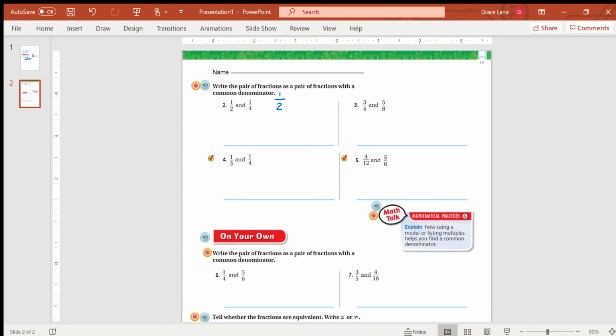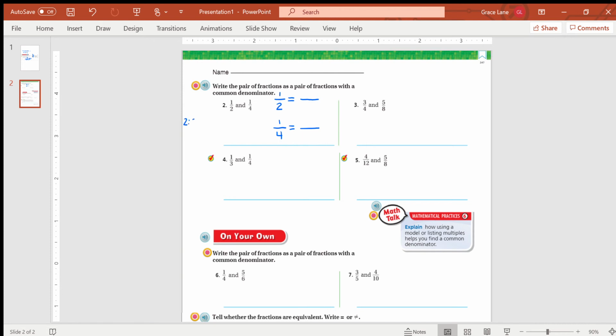If you don't have enough room in your book, you might grab a piece of scratch paper. But 1/2 and 1/4, and you're looking to make two new fractions with a common denominator. So you're looking for a common multiple of 2 and 4. If you can think right now in your head of one, that's fabulous. If you can't, you're probably going to have to list them out.